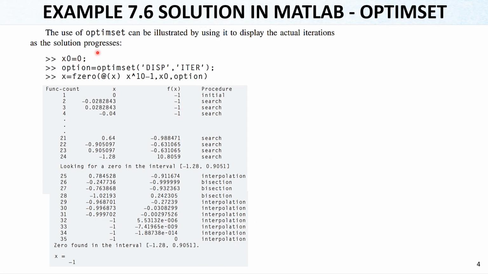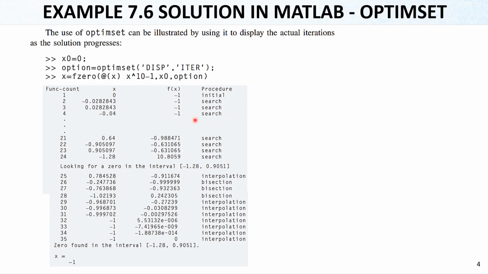And we used this for only one initial guess, 0. We mentioned it earlier, and if you remember, it found -1. It gave only this result to us before because we didn't use this option here. But now we are using the option. That's why it is showing all the details of iterations. So you can see that there were like 35 iterations in the background.